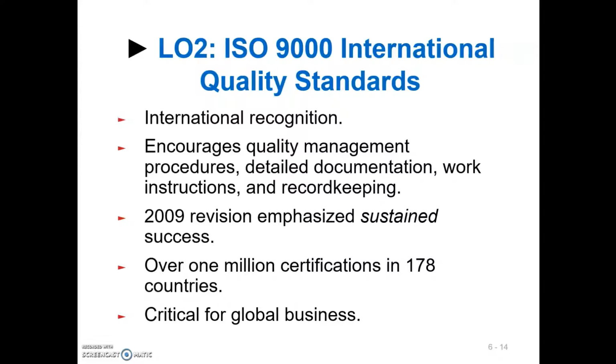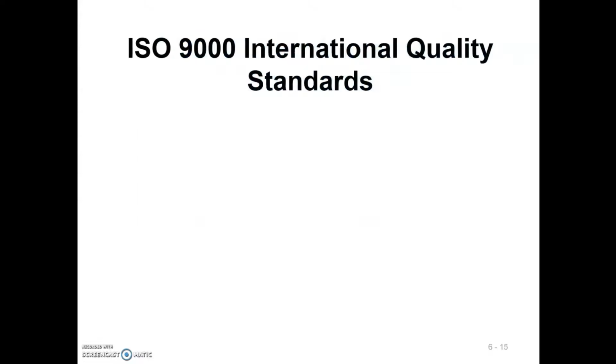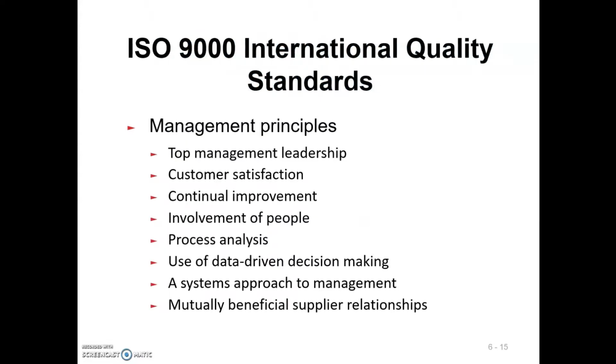It encourages companies to have quality management procedures, detailed documentation, work instructions, and also record keeping. So there are several management principles that companies that apply for ISO 9000 must abide by. So to ensure success, they need to maintain all these management principles.